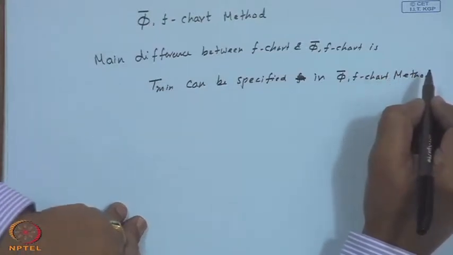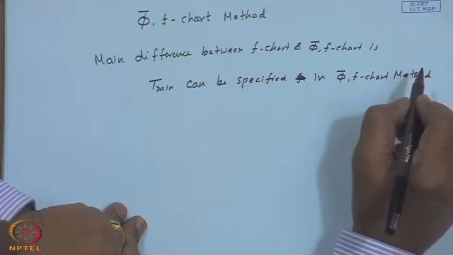In other words, if you want energy delivery at or above a certain temperature T minimum, you can use phi bar F chart method. Interestingly, for some applications where F chart method is applicable, you can use phi bar F chart method, but not the other way around.